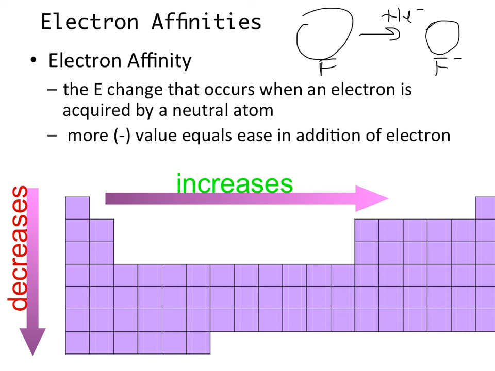Electron affinity refers to the change in energy that occurs when an electron is picked up by an atom. A lot of times this process of gaining an electron releases energy. This release of energy is why we represent our electron affinity values with negative values when available.